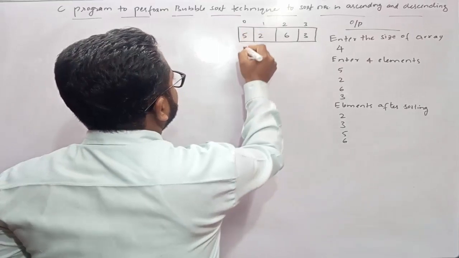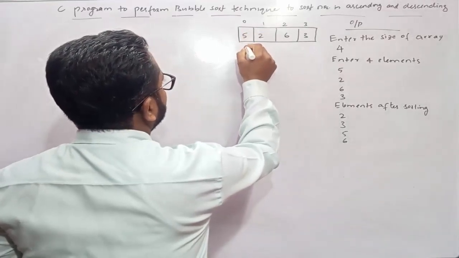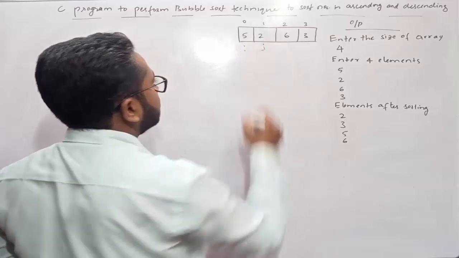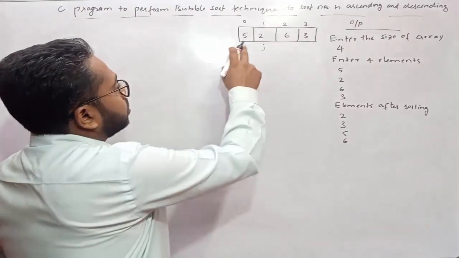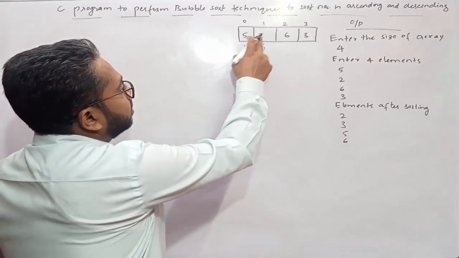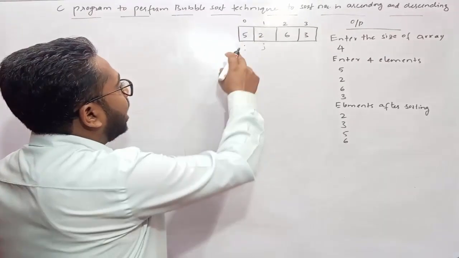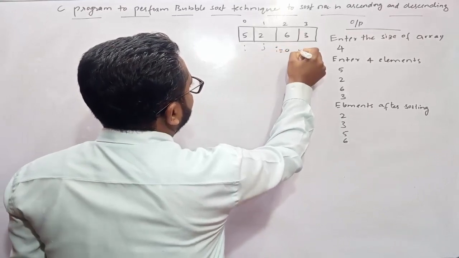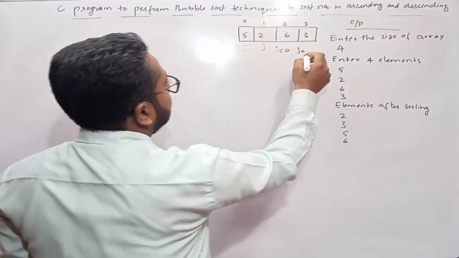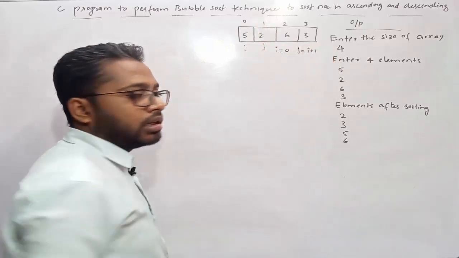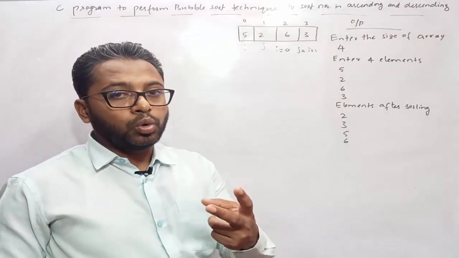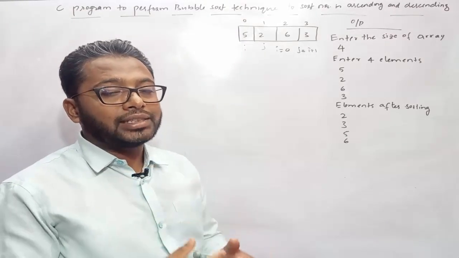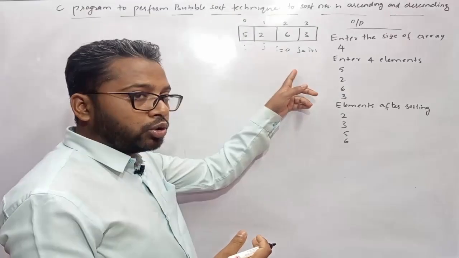We will consider the first item as I and the second item as J. The comparison will be made between the first item and the second item. I is 0 and J is 1, that means I plus 1. Here we need to run two loops. First is the outer loop, which is the I loop, and second is the inner loop, which is the J loop.